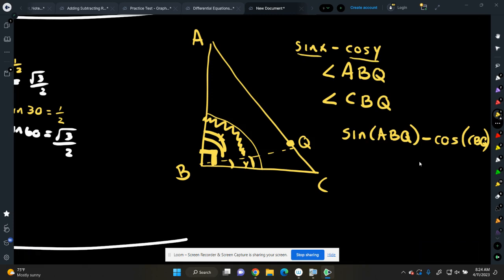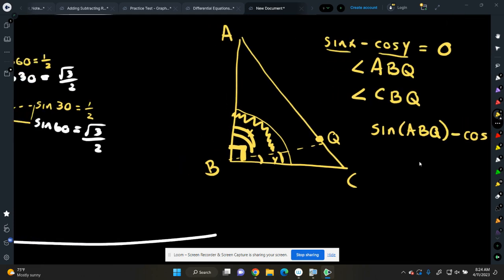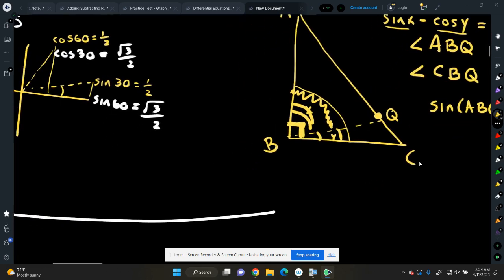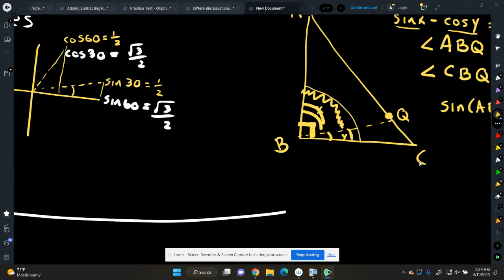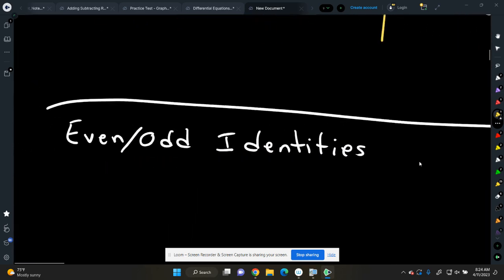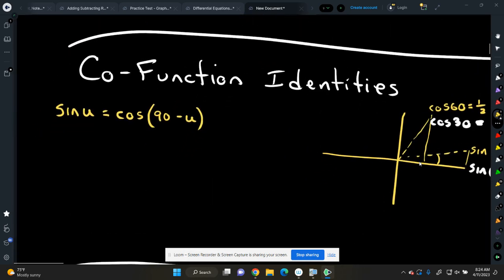So sine x minus cosine y was equal to 0. I think just about every student that asked me about this was like, "What in the world? How are we supposed to know that?" And you don't even know that it's a trig problem, but now you know, okay? Because you see 90 degrees on a triangle. Start thinking trig, okay? So that was the trick there. That was a co-function identity, okay?